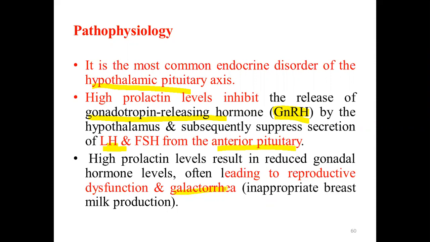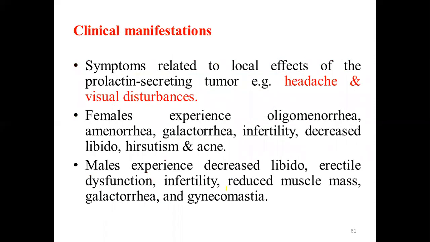So when a patient has a high prolactin level, because of the effect on gonadotropin releasing hormone from the hypothalamus, reproductive dysfunction such as infertility and galactorrhea are very common conditions. Those are the most common findings when a patient has this problem.